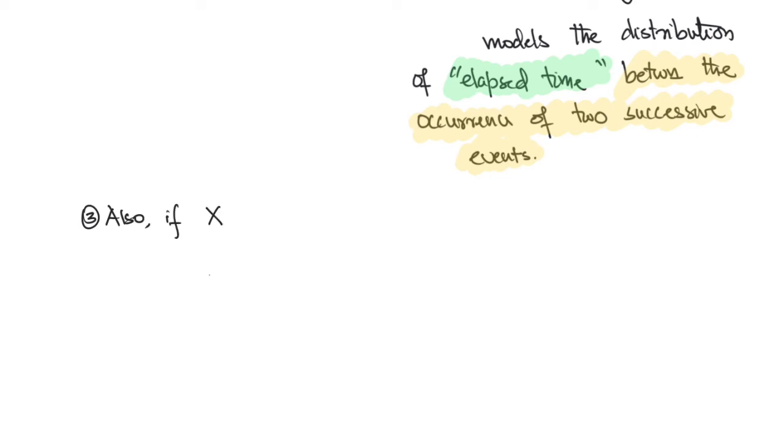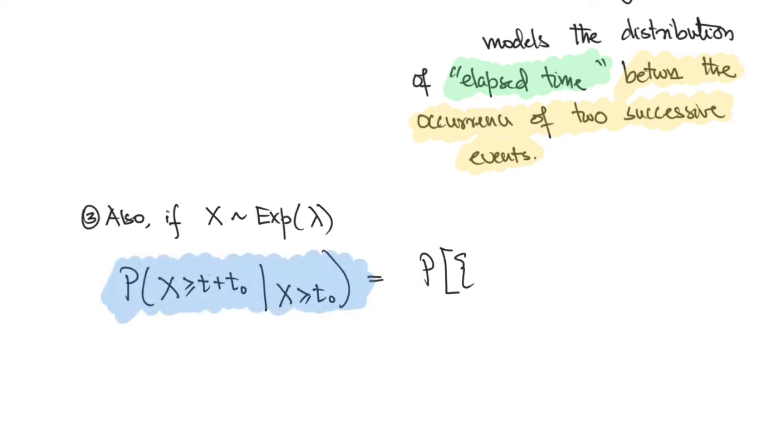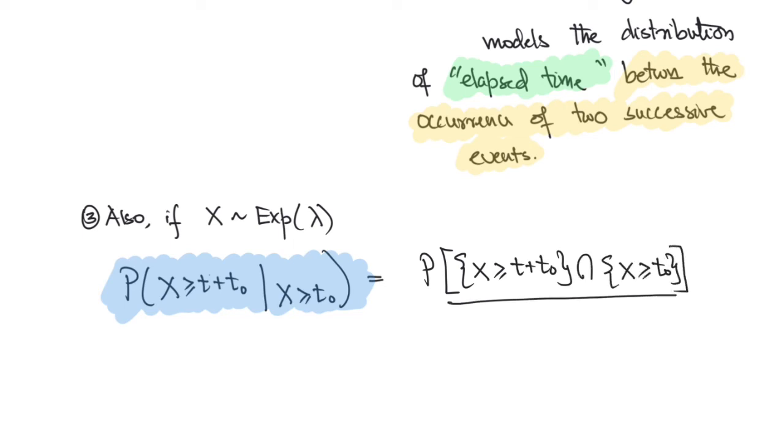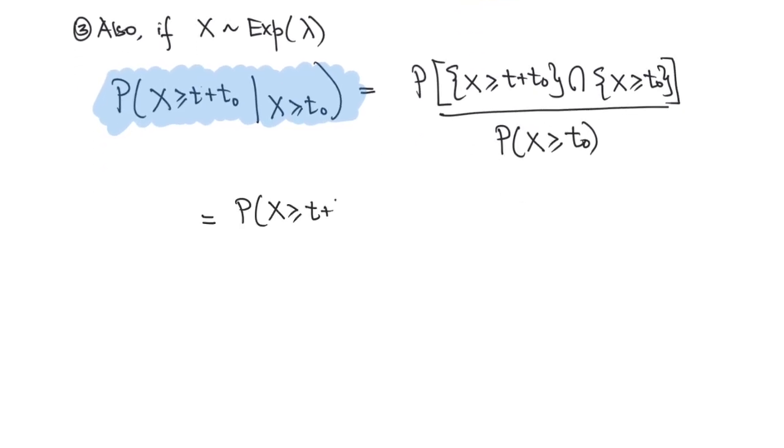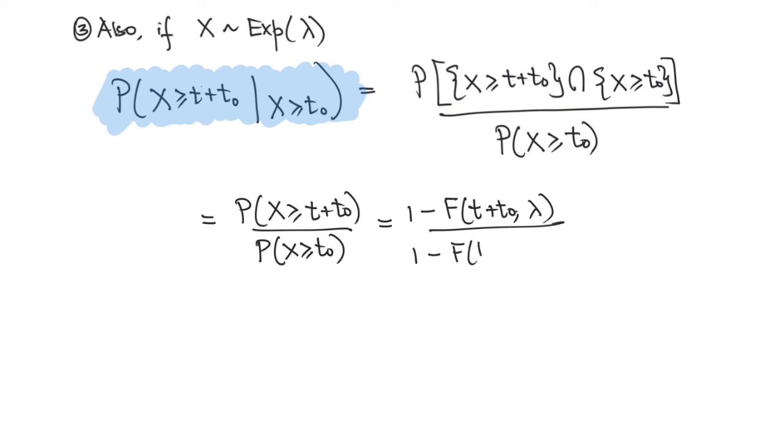If x has the exponential distribution with parameter lambda, we can consider the probability that x takes values greater than t plus t naught, given that x has taken values greater than t naught. Following through with this calculation, we note that this probability is exactly equal to the probability that x takes values bigger than t.